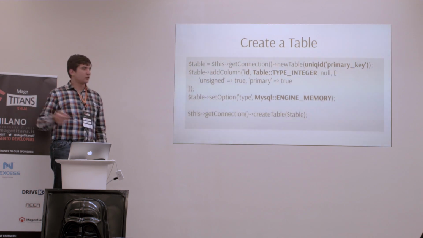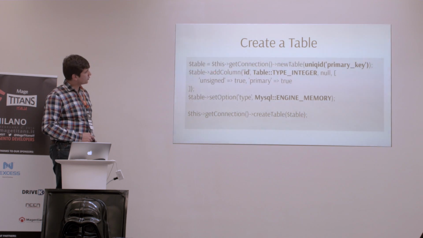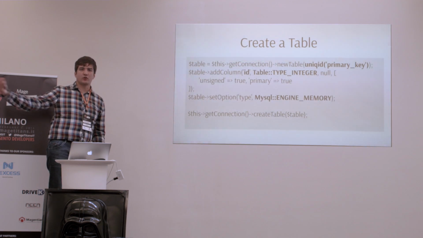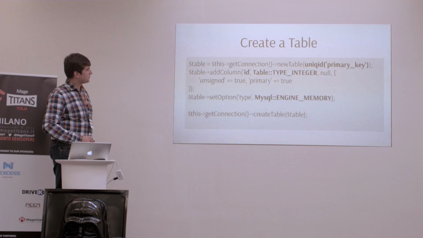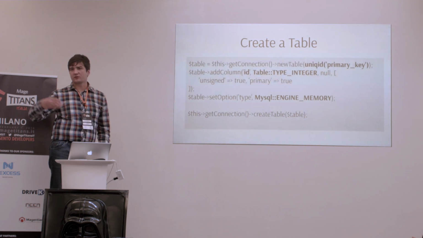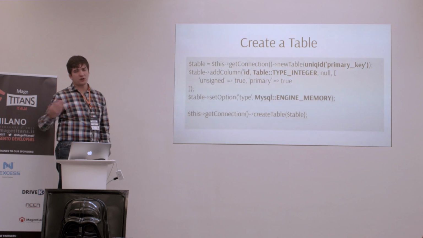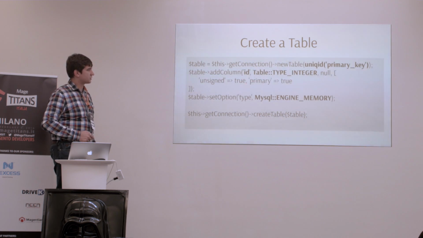You don't want to have collisions. Then you create a column ID. You set the type of this column the same as the primary key on the table you are trying to access. The same configuration should be specified for size if you have some custom size as well. You specify this as unsigned because usually the primary key is unsigned, and you need to set it as primary.